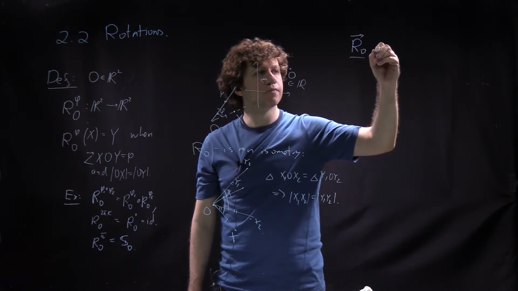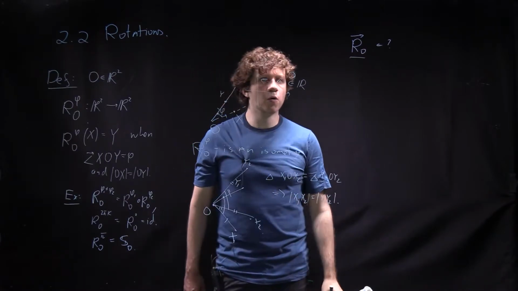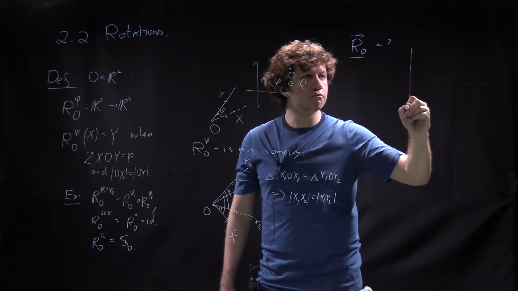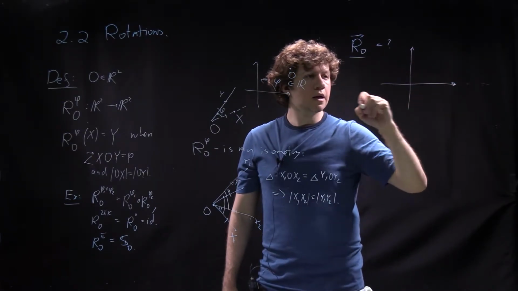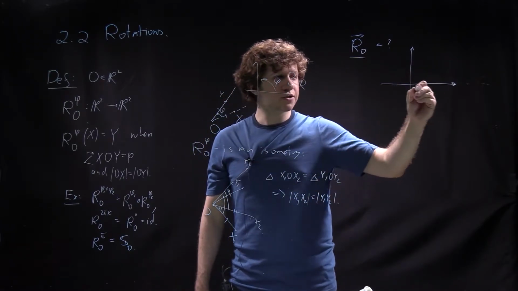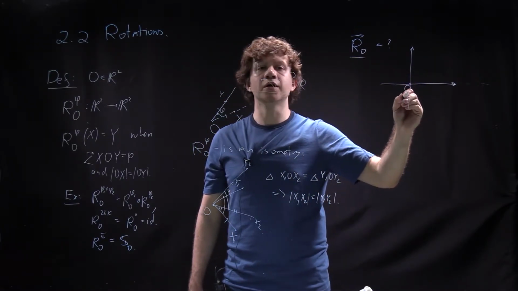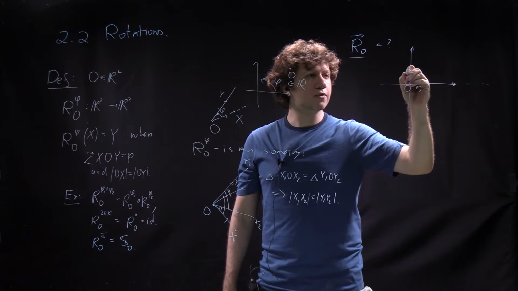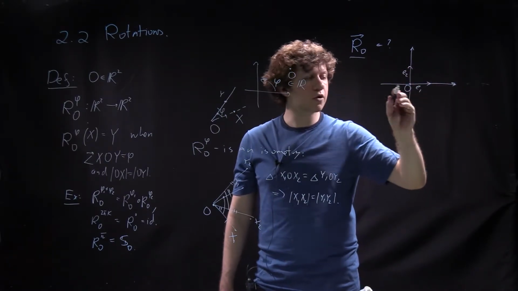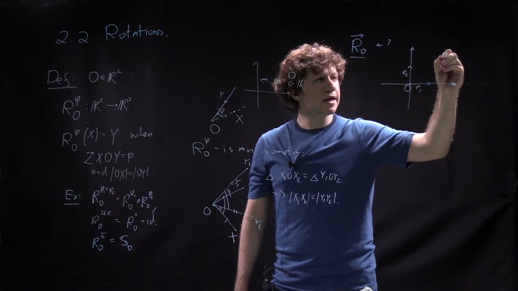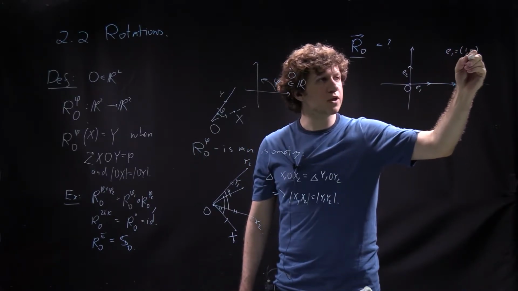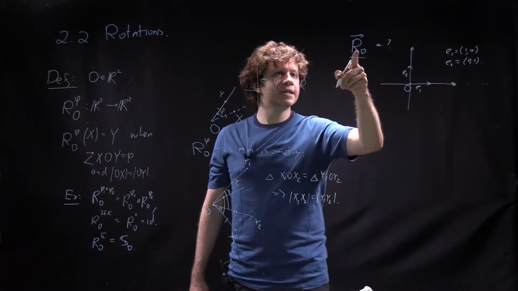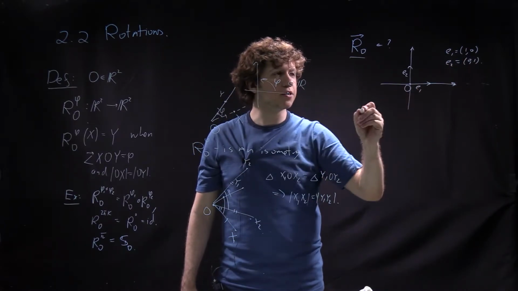So let's take a coordinate plane, and let's draw coordinate axes exactly with the center in O. Then we can take a vector E1 and a vector E2, perpendicular vectors going along the x and y axes, and I can think of E1 as having coordinates 1, 0, and E2 having coordinates 0, 1. And the question is, what does R_O do to the vectors E1 and E2?